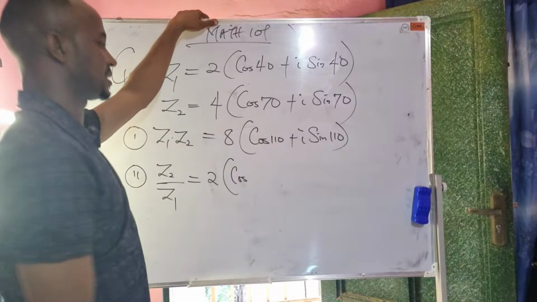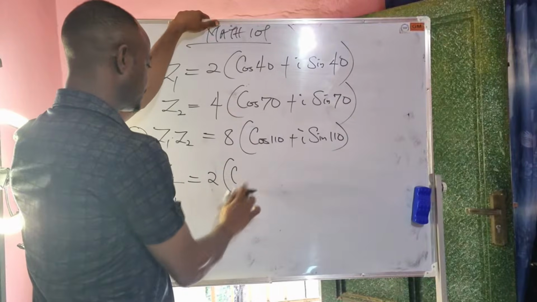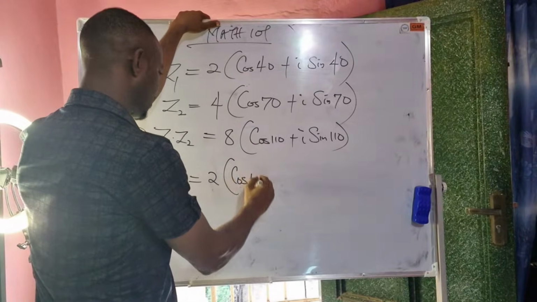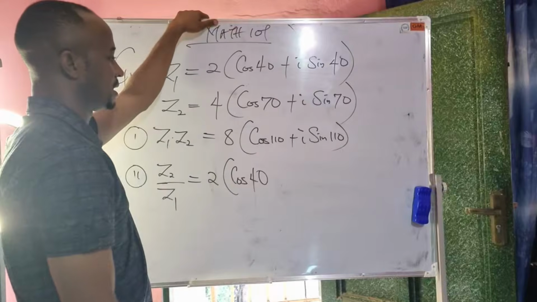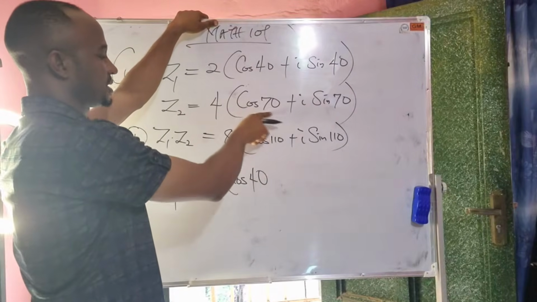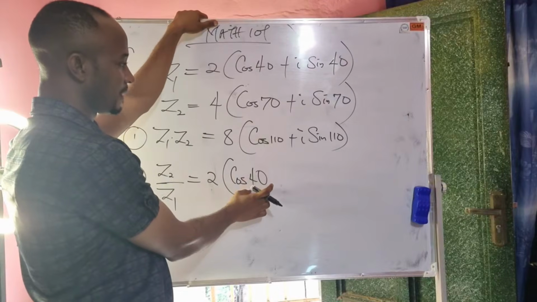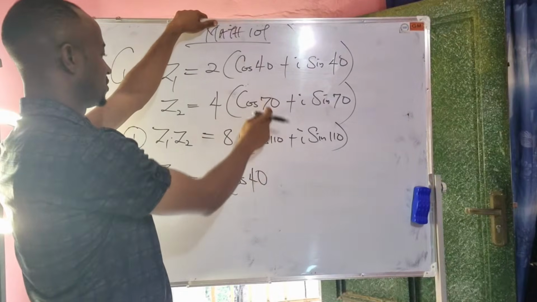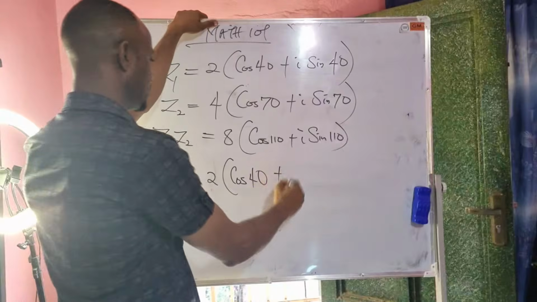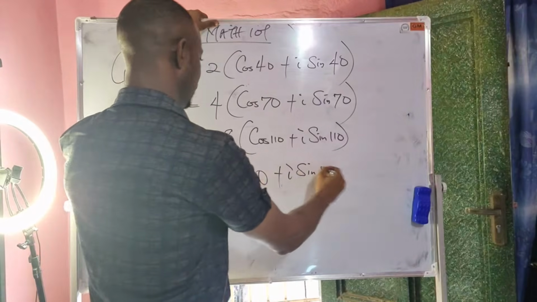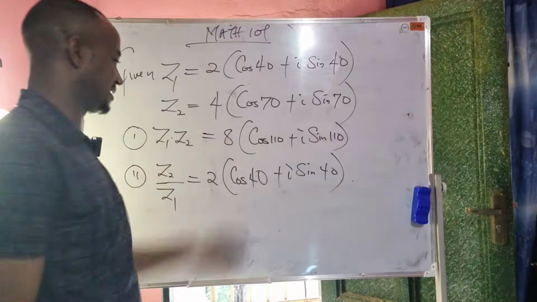And that will give us cos 40, because 110 minus 70 will give us 40, right? Then plus i sin 40. I want to believe that this is clear.